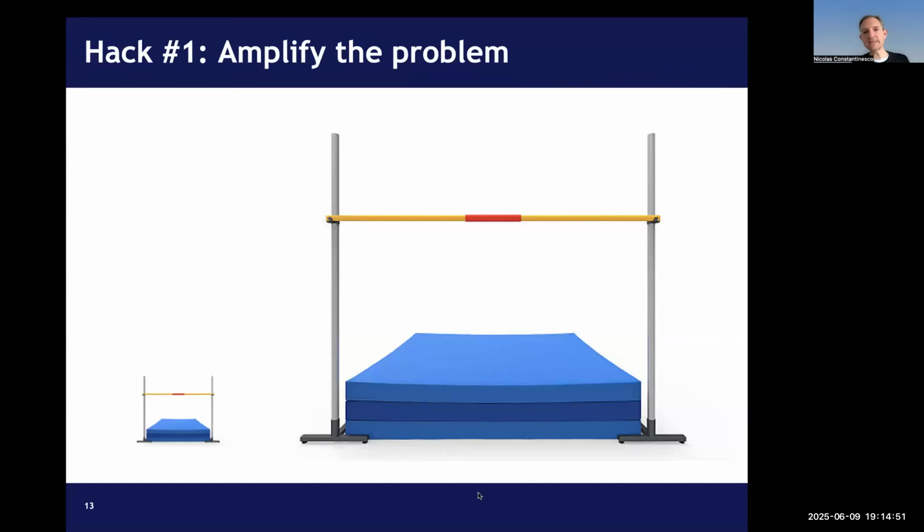amplifying the problem. The idea is that if you're stuck thinking about a problem, or if you want to think outside the box and not just inside the box, then make your problem 10 times as big as what it actually is. Let me give you an example.